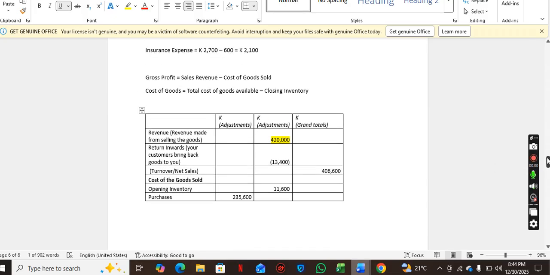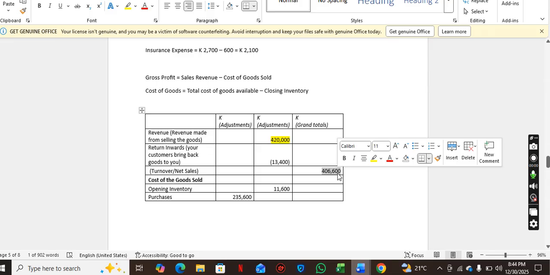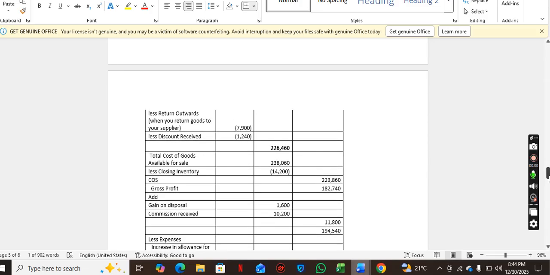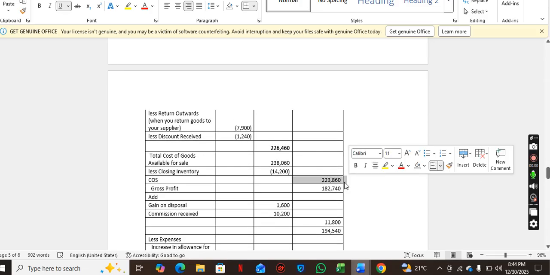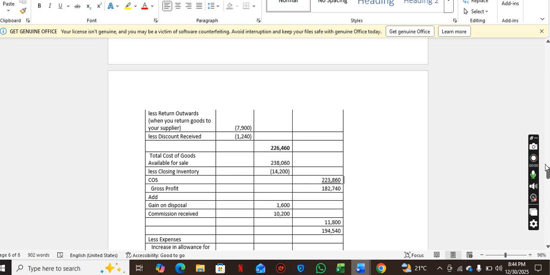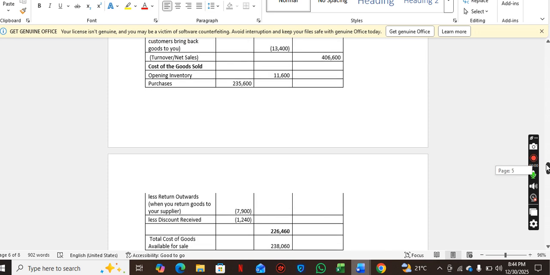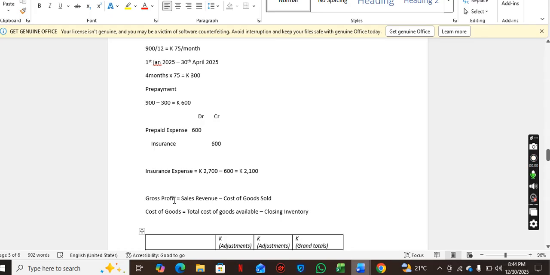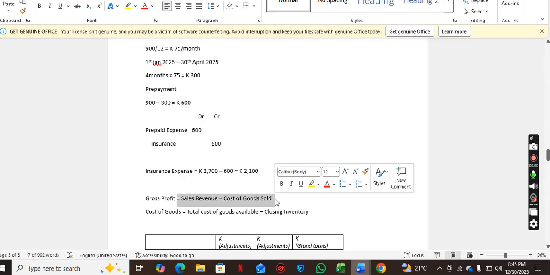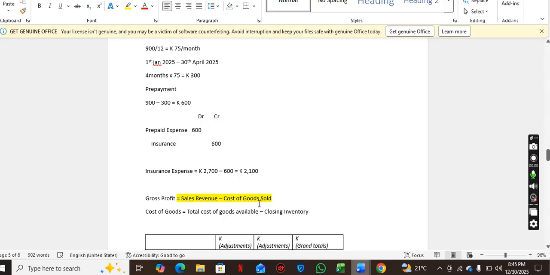Okay? So here, the totals we're looking for are the value of our net sales, after we remove the returns, and the value of our cost of goods sold, so that we can get our gross profit. Remember this formula, madam: gross profit. So the sales revenue and cost of goods sold are the ones you'll find in the grand total.